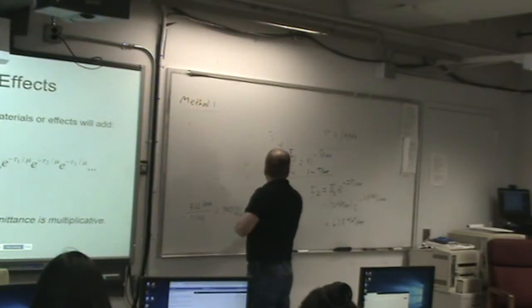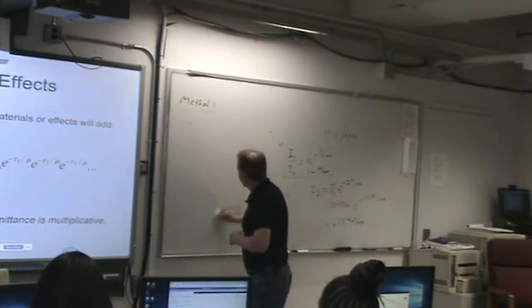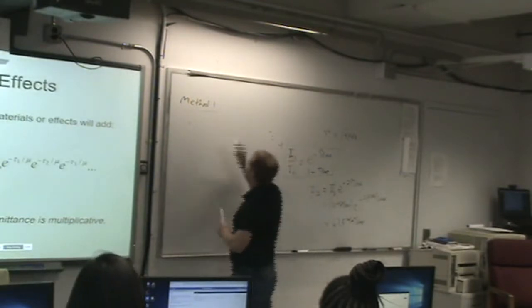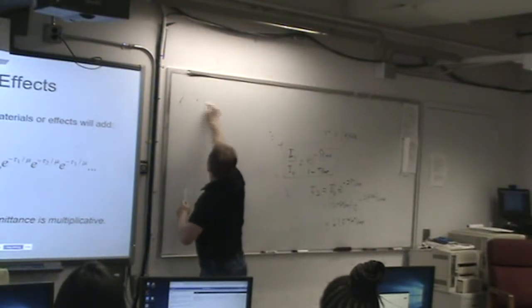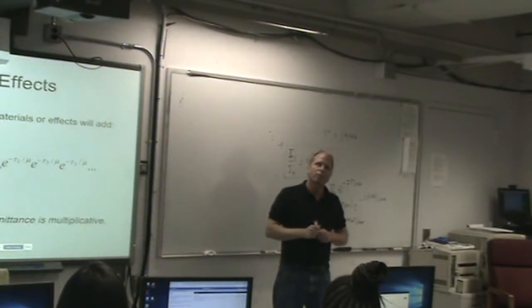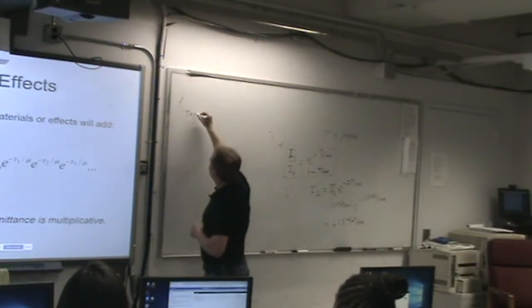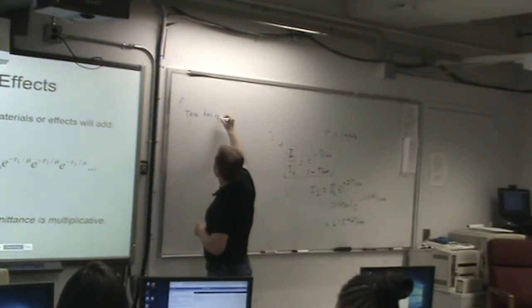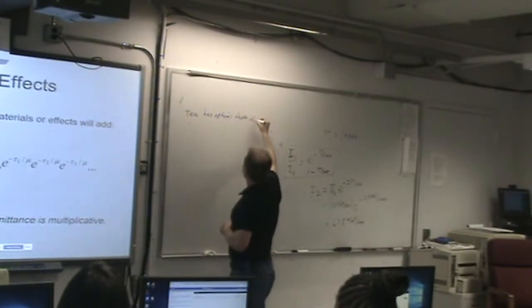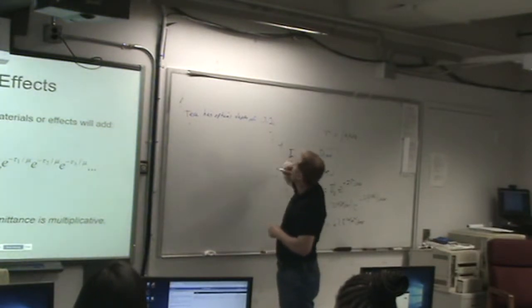Let me run out of time here. Stick with tea and root beer. Tea has an optical depth of, I'm going to change my number here, 0.2.